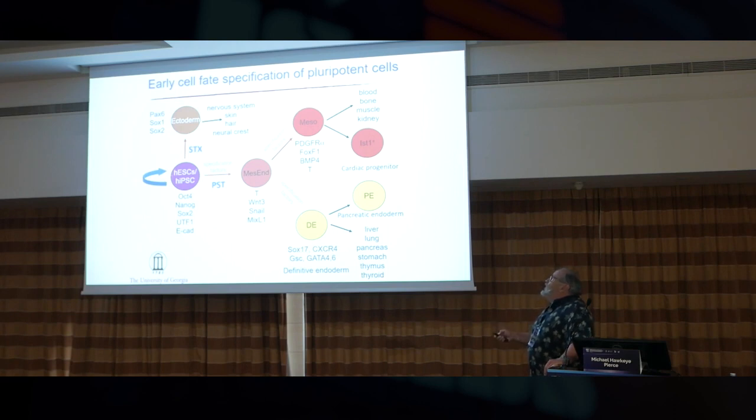But if you differentiate down the ectoderm lineage, the other polysialyltransferase is responsible for synthesizing polysialic acid. And if you knock out either of these and differentiate the cells, they will not differentiate. So polysialic acid is absolutely required for differentiation from embryonic stem cells.